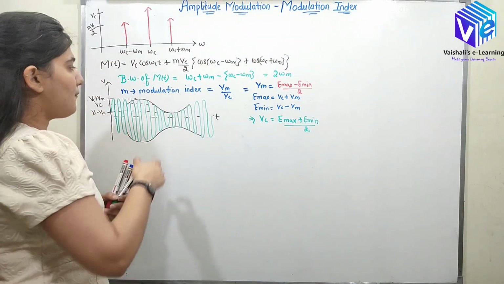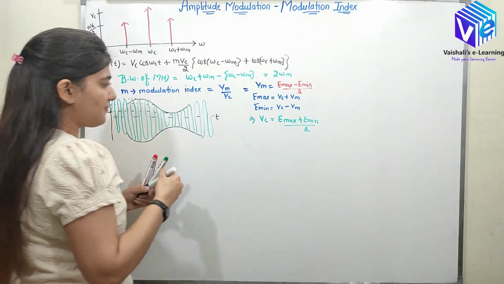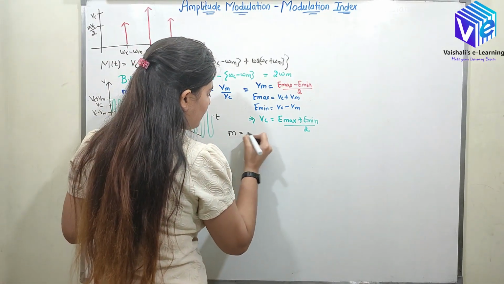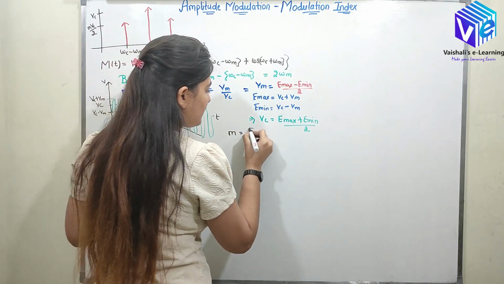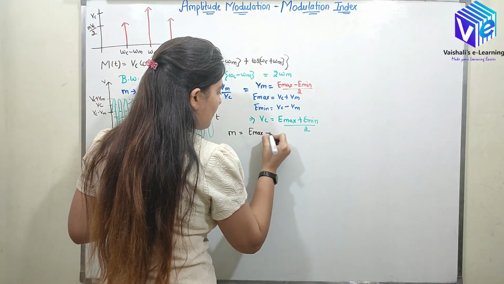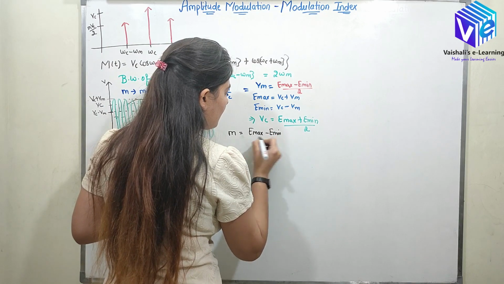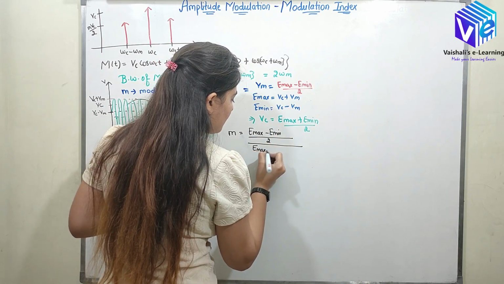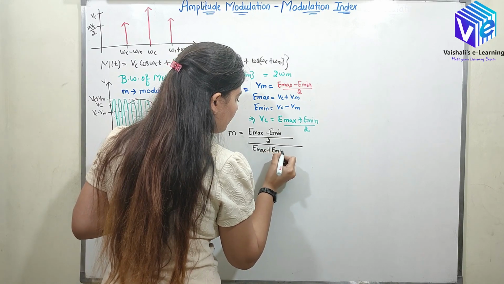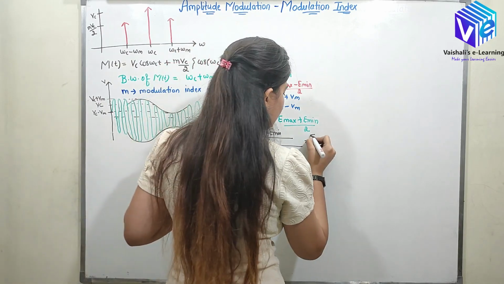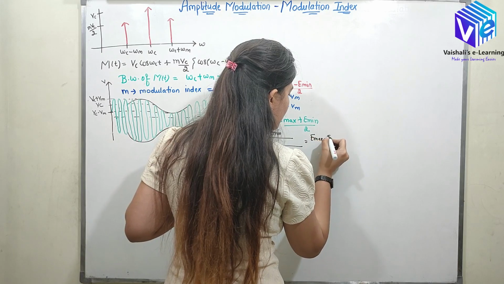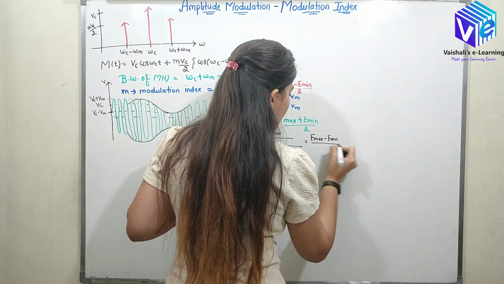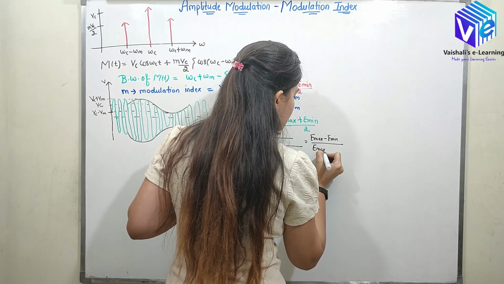So the modulation index m is equal to Vm upon Vc, which is ((Emax minus Emin) upon 2) divided by ((Emax plus Emin) upon 2). So it is equal to (Emax minus Emin) upon (Emax plus Emin).